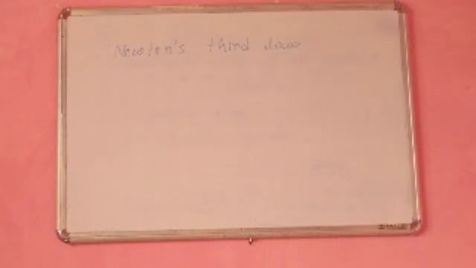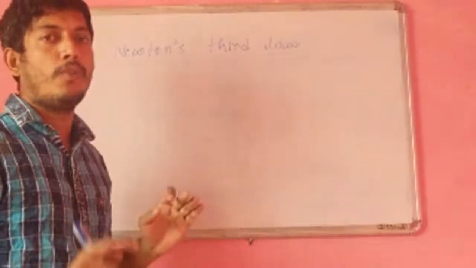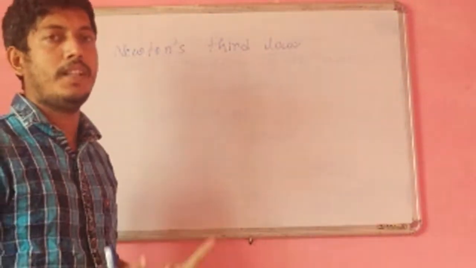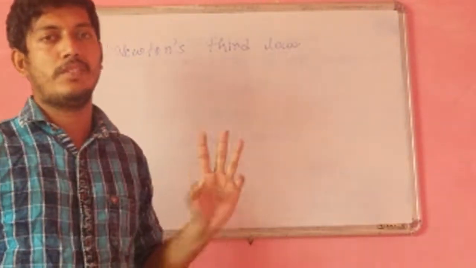Any other statements? Apart from these two, if you have any other statement, then comment it. What is the statement of Newton's third law of motion? The statement of Newton's third law of motion is: for every action there is an equal and opposite reaction. This is the perfect statement for Newton's third law of motion.